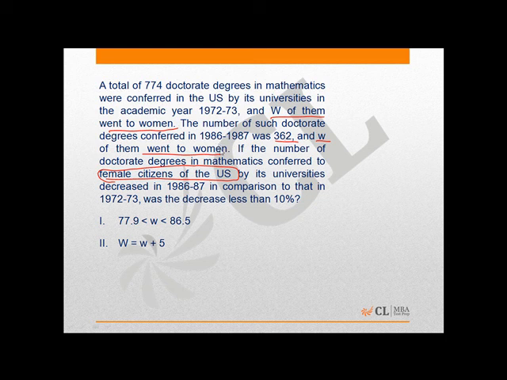He's not talking about women of the US, who have US citizenship. And the question asks for the female citizens of the US. We have no data about that. That means this question cannot be answered even if we use the combination of the two statements, because that simply gives you the value of W and capital W. Answer is D.